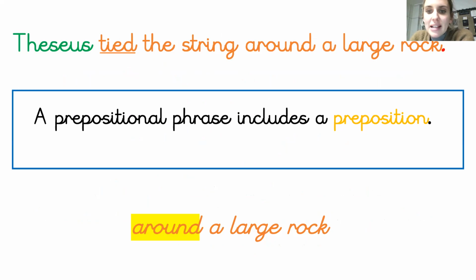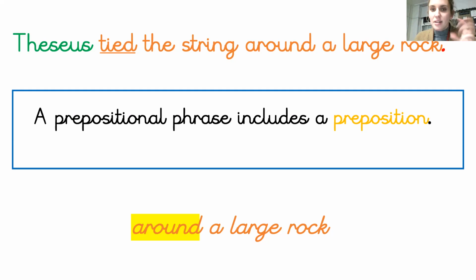Now, a prepositional phrase always includes a preposition, and we're really great at identifying prepositions. The prepositional phrase in this sentence is around a large rock. Here I have a group of words that includes the preposition around. Another top tip to help you remember: it includes the other noun, pronoun, or noun phrase that your preposition is linking to.